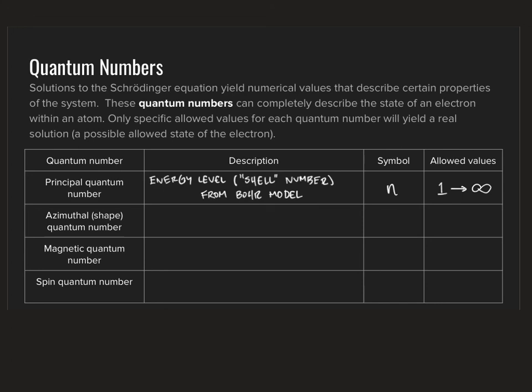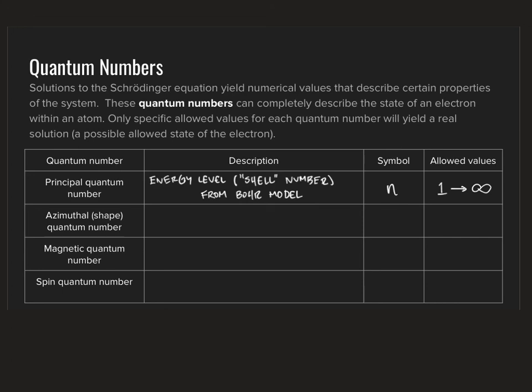But just like books on a bookshelf, just because a book doesn't occupy a shelf doesn't mean the shelf isn't there. So there are higher principal quantum number energy levels that we could see when we excite electrons up to those higher energy levels that just don't exist for any known atom in its ground state. So those values, again, would be allowed between 1 and infinity.